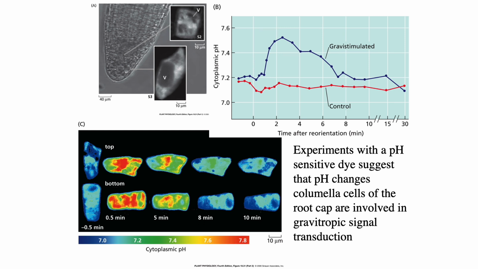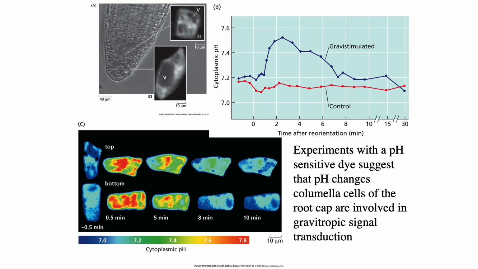The cytoplasm of the two columella cells are fluorescing because the cells have been microinjected with a pH-sensitive fluorescent dye. The vacuoles, V, contain no dye and therefore appear dark. In B, we can see how the cytoplasmic pH increases in less than 1 minute after gravistimulation.